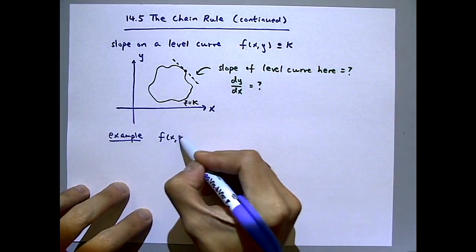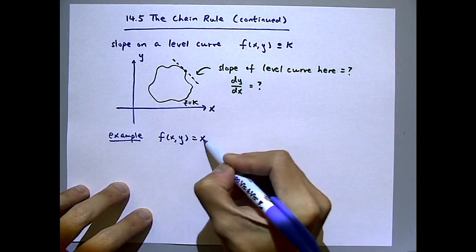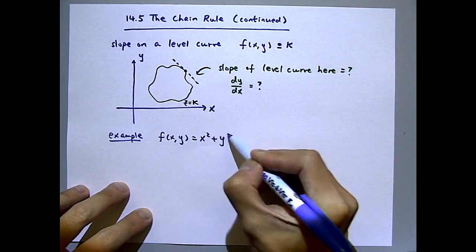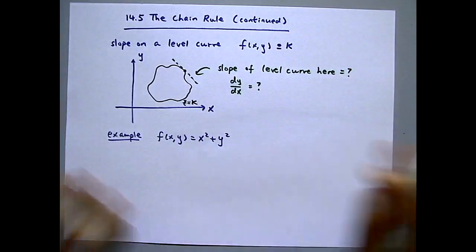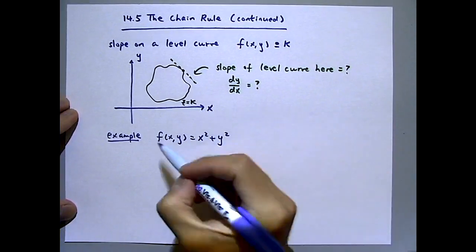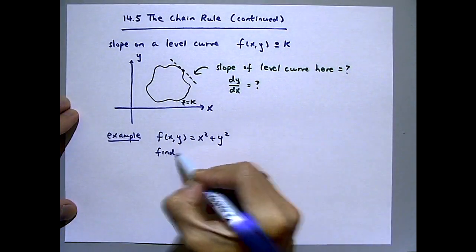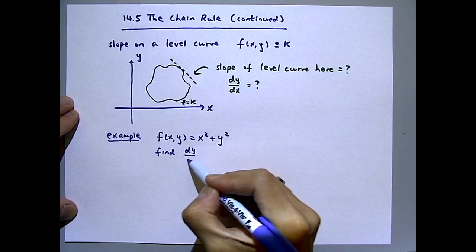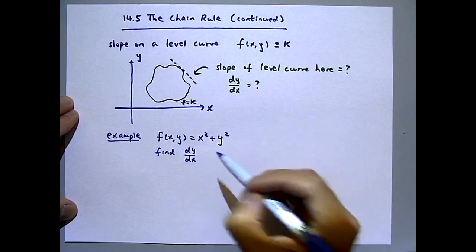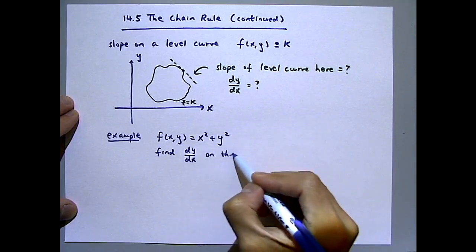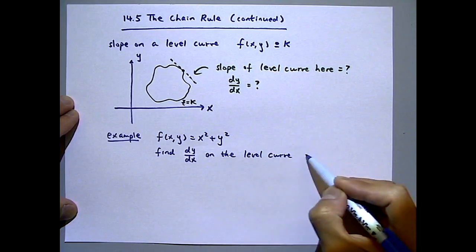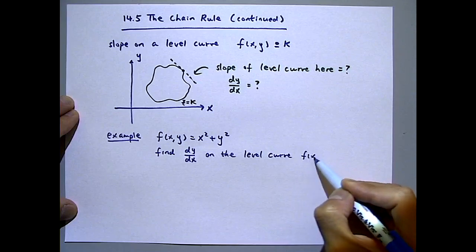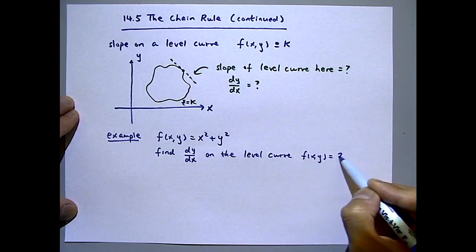Our function is f of x, y equal to x squared plus y squared. Let's find dy/dx on the level curve f of x, y equal to 3.